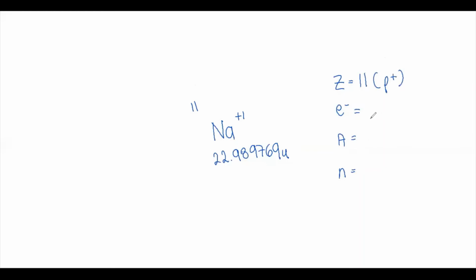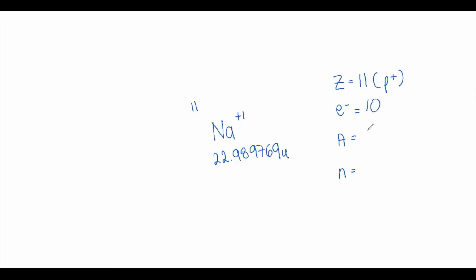In the case of electrons, we have a trick here because the initial number of electrons was 11, but we know that because of the charge is +1, this means that my element has lost 1 electron. Therefore, my number would be 10 and not 11 as the original element.